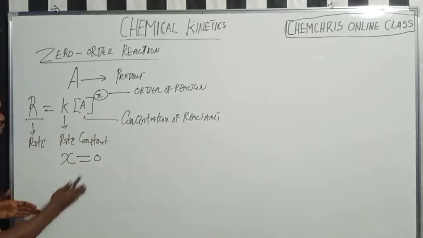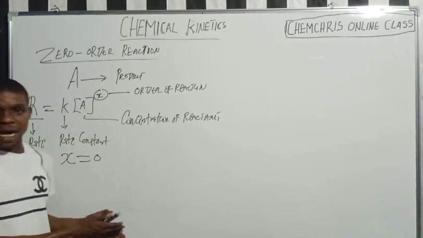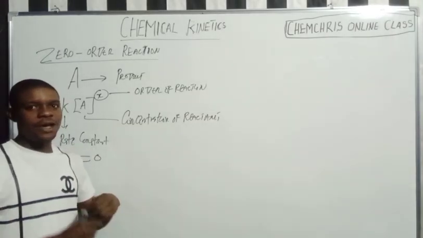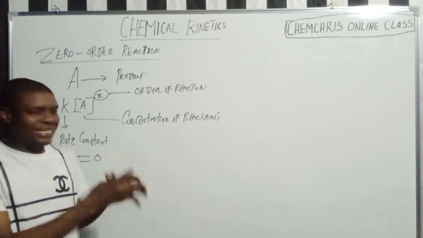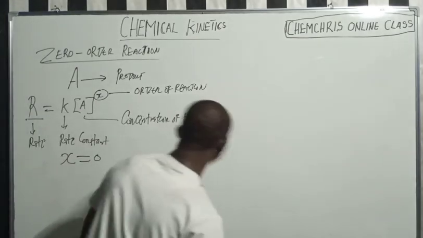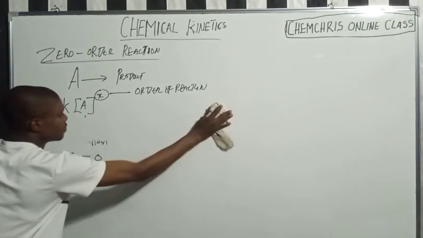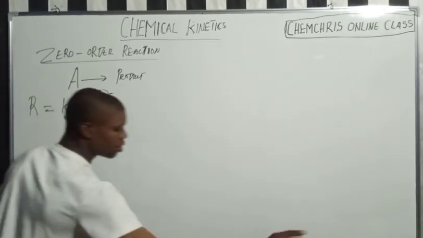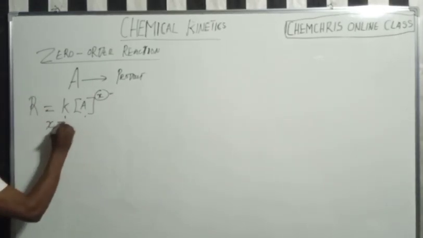So this is the word concept of zero order reaction. And we have what is called the integrated rate law. In the integrated rate law, that's where you can derive the formula for the rate of reaction. So say x is equal to zero.